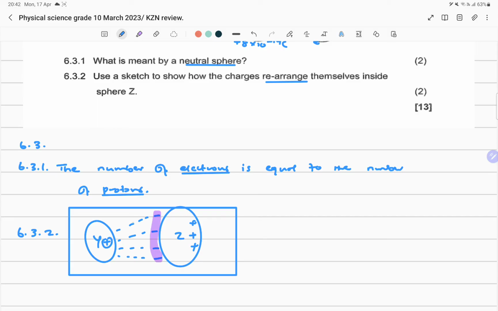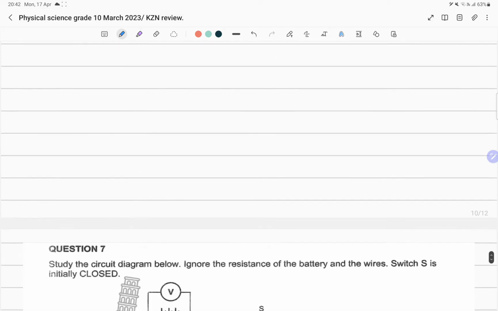So it will be trying to pull these electrons towards itself, basically, while it's repelling the positive charges away. Okay, so we know that the force to these positive charges is away. Something like that. I don't know how you're going to draw the diagram. You double check. Okay, move on.